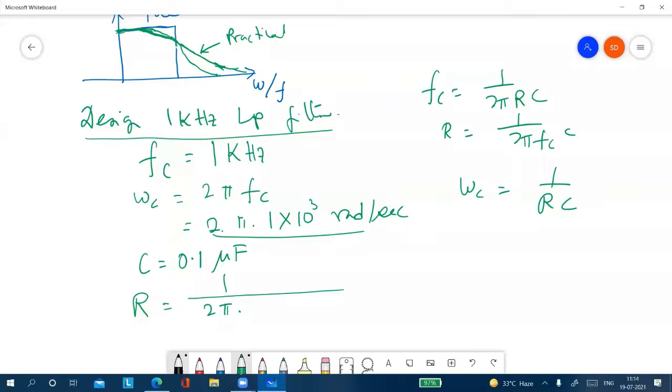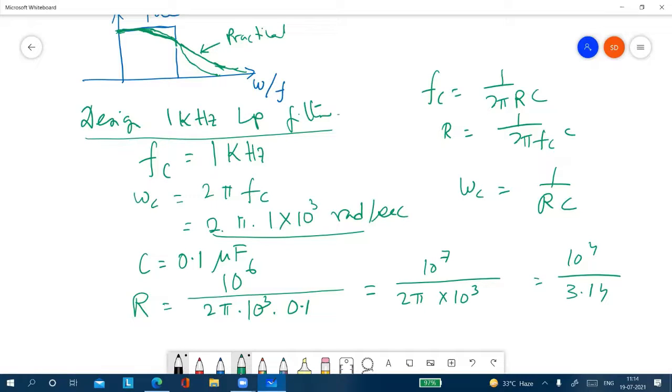So here this is 1 by 2 pi into 10 to the power 3 into 0.1 into 10 to the power minus 6. If you calculate, it will be 10 to the power 7 divided by 2 pi into 10 to the power 3, that is 10 to the power 4 by 3.14.